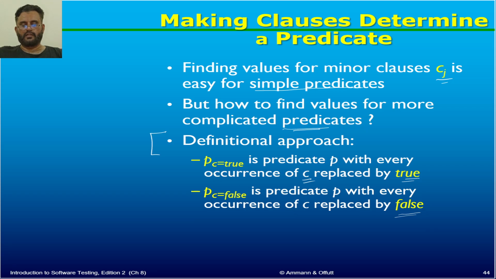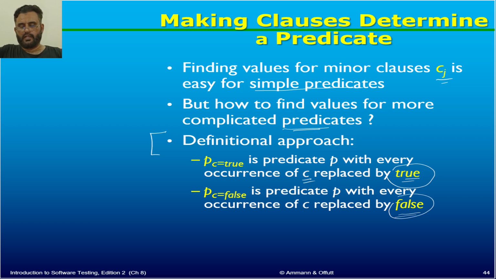C is that particular class which we want to make active. So we make two different versions of the predicate. In one version we replace every occurrence of that class with true, and in the second version we replace every occurrence of that class with false.